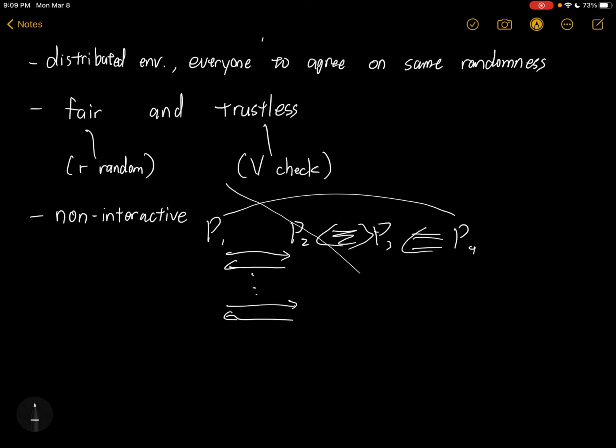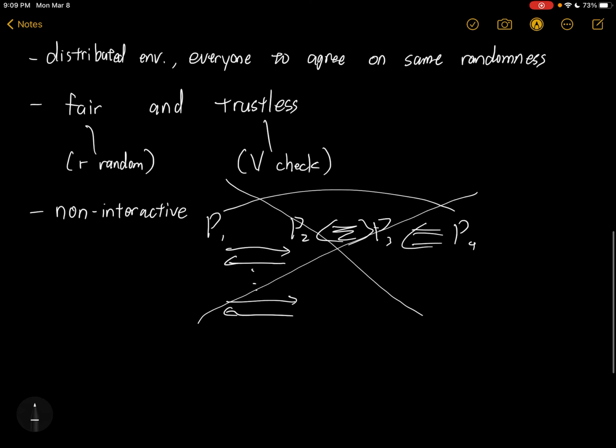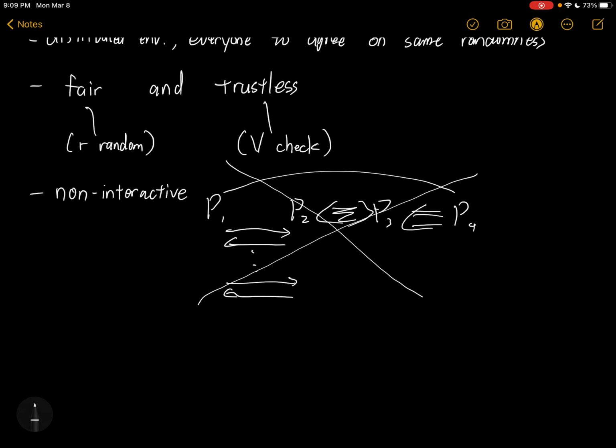So this is a situation we want to avoid, and verifiable random functions let us do that. In other words, we have a system that has low communication complexity. And this lets us design more efficient protocols.